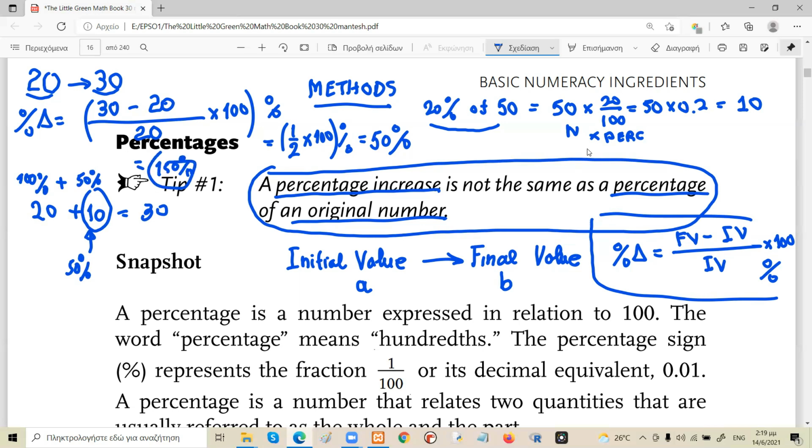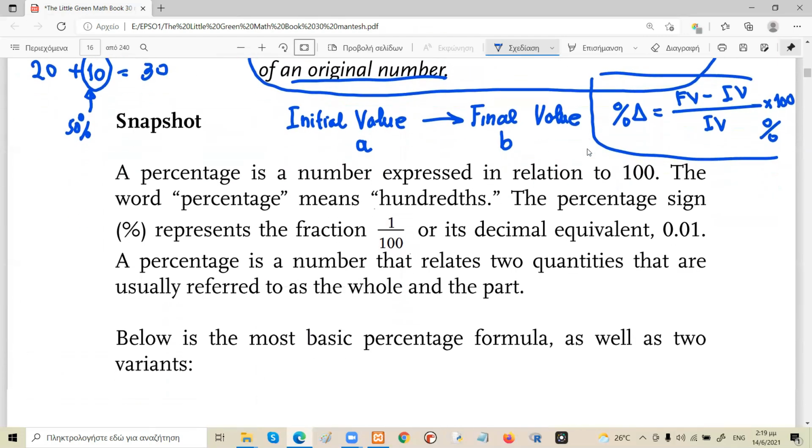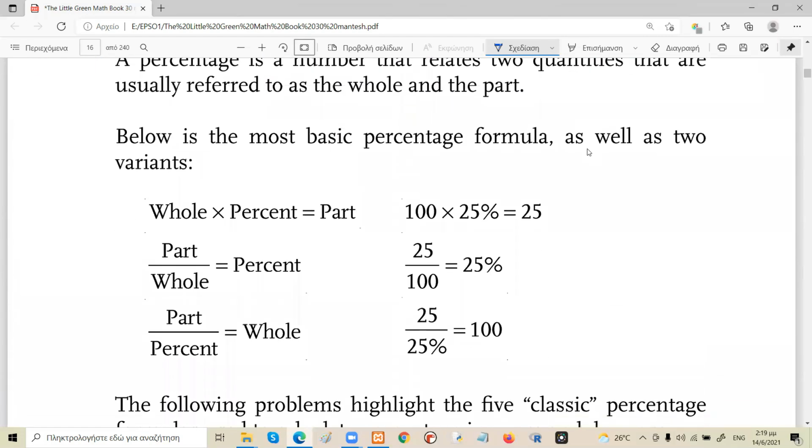Since you went from 100% to 150%, the change is 50%, and in this way everything goes into place. So if you want to find the part of something, you multiply the total by the percentage, and then you take the part.